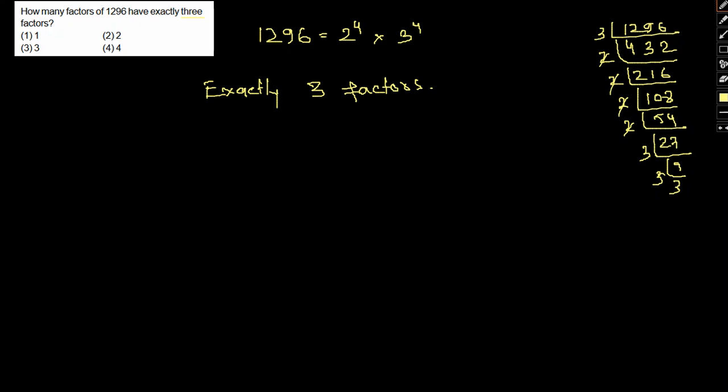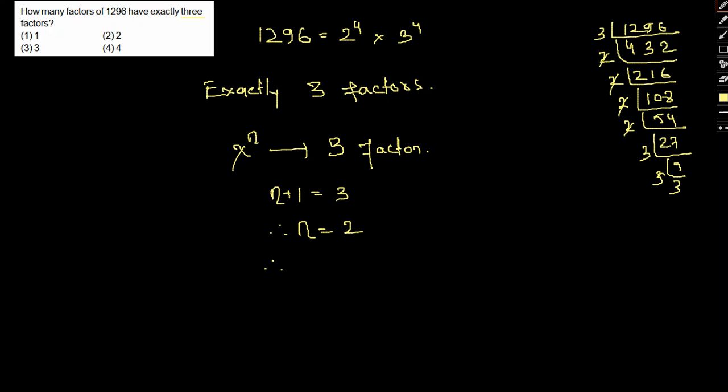Suppose a number's basic prime factorization is of the form x to the power n, and it has exactly 3 factors. The number of factors will be given as n plus 1 equal to 3. We add 1 to the exponent of the basic prime factor, and subsequently we get the total number of factors. Therefore n has to be equal to 2.